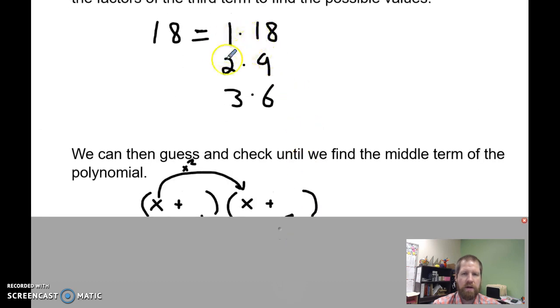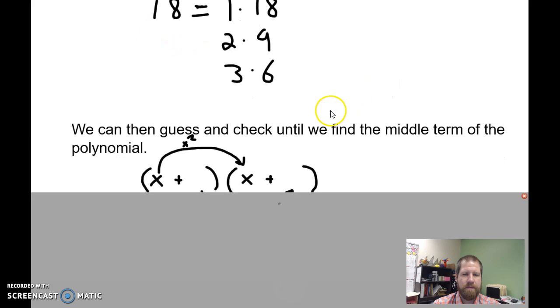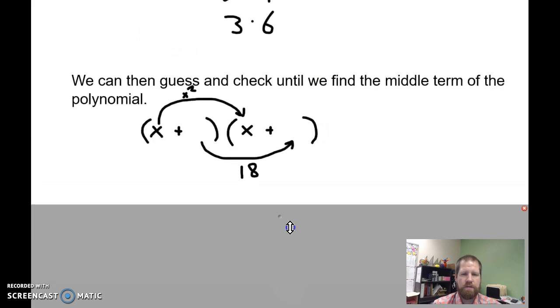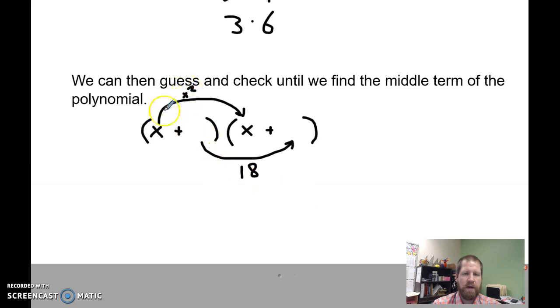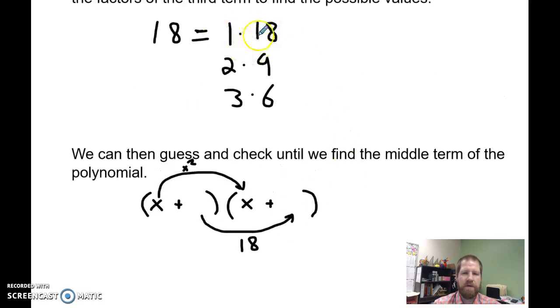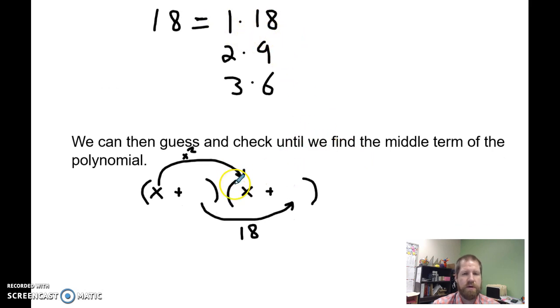Those are my 6 factors, my 3 products of which is 18. Okay? So now we can use our guess and check. We know that our first terms give us x squared, and our last two terms give us 18. So I'm going to fill this in to see if that will work for giving us our middle term.